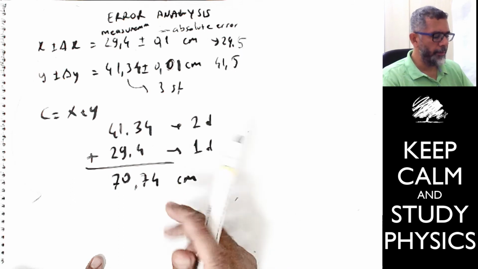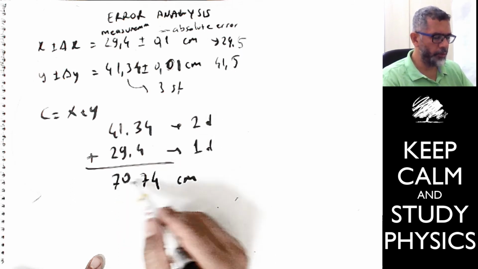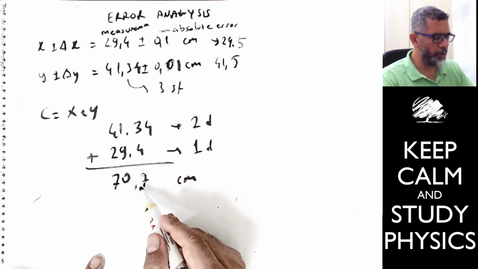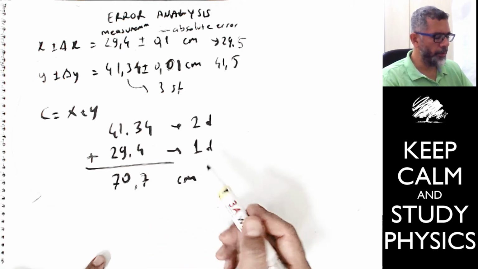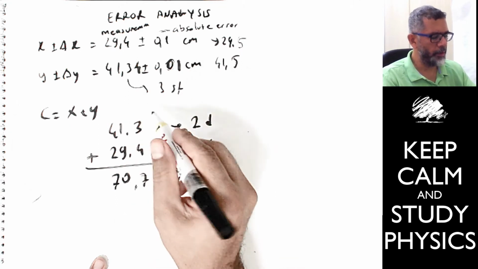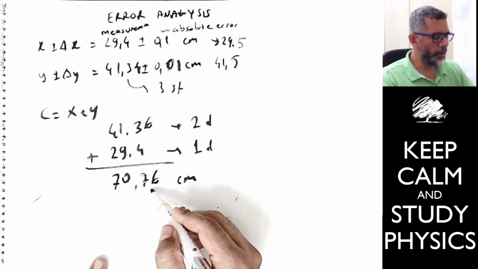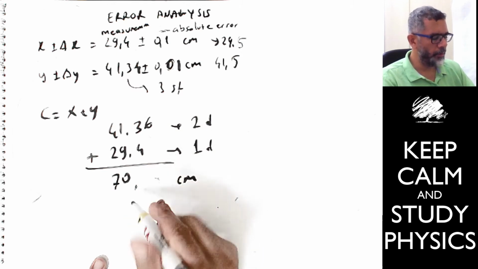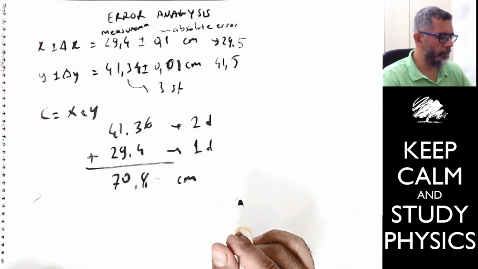That means you just get rid of it. Since this is 4, while rounding this result, just get rid of the 4, and the 7, the digit before it, will not change. But if this were 6 or 5, then getting rid of the 6 would increase 7 by 1. So these are the proper rules for rounding numbers off.